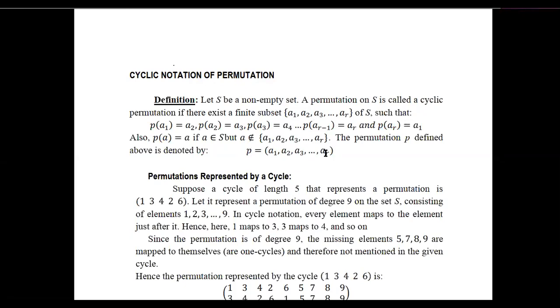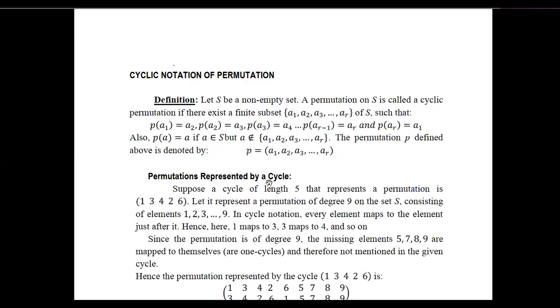This is one complete cycle. And there exists at least one element a which is fixed, meaning a maps to a itself, and a is not belonging to this subset, but a belongs to S.